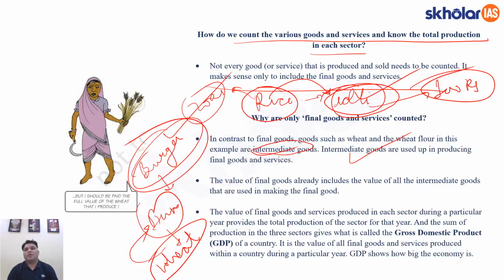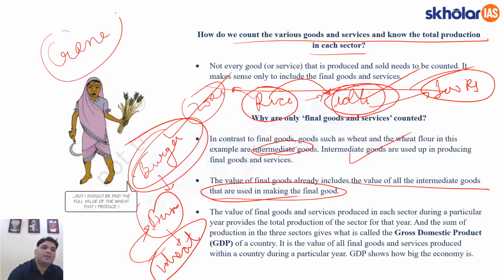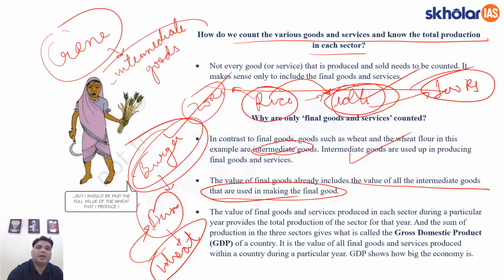So the value of final goods already includes the value of all the intermediate goods that are used in the making of the final good, right? Suppose आप first करो crane. Crane is an intermediate good. Is it a final good? No. The crane is used to make other goods or other machines like cars, right? So crane in certain contexts is an intermediate good, right?